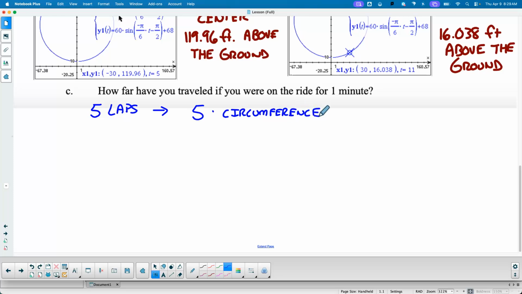What's the formula for the circumference of a circle? Say louder, Carlos. 2 pi radius. What's my radius? 60.